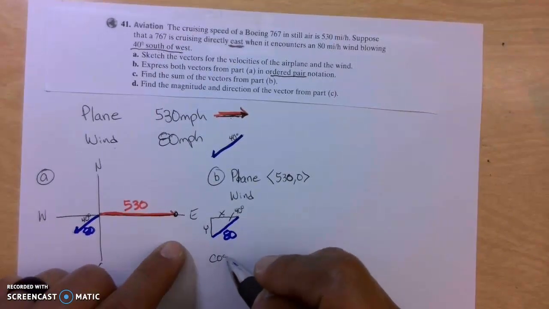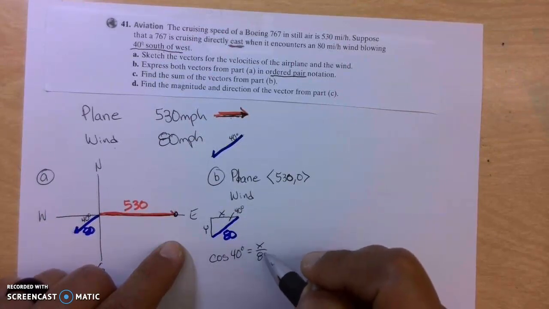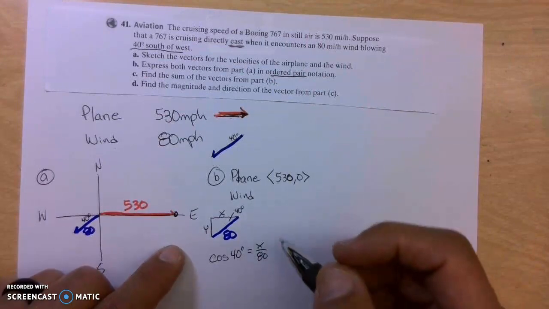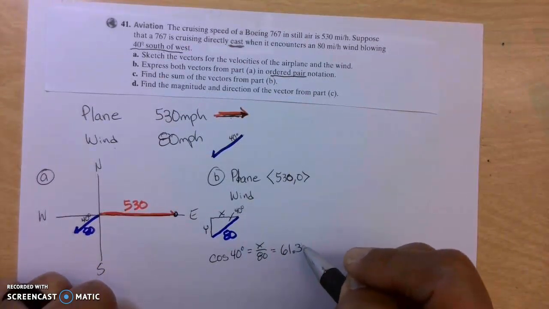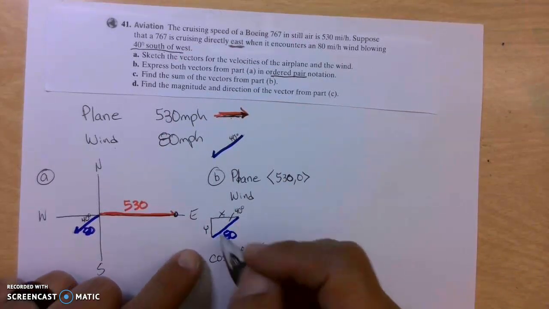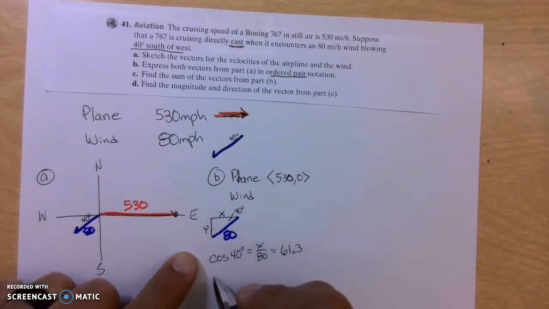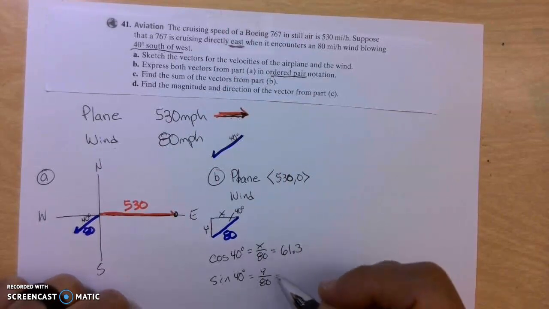We would say cosine 40 degrees is x over the hypotenuse 80. Go to your calculator. This one ends up being 61.3. To figure out the y, the up and down number, this is opposite over hypotenuse, so that's sine 40 degrees equals y over 80. Throw that in your calculator, you get 51.4.